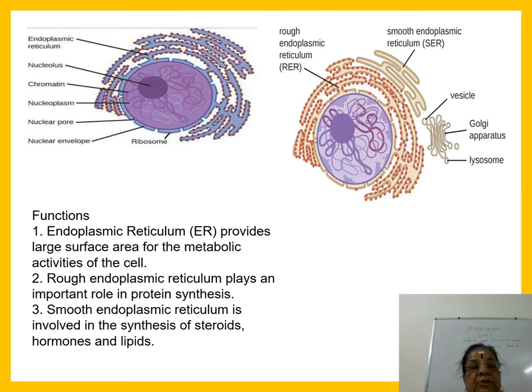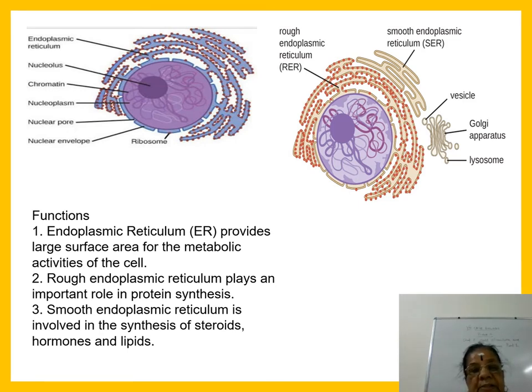Okay. So now what you are seeing, this purple color, this is endoplasmic reticulum. The center one is the nucleus. This is also nucleus. But this brown structure is the nucleus and this purple one is the endoplasmic reticulum.